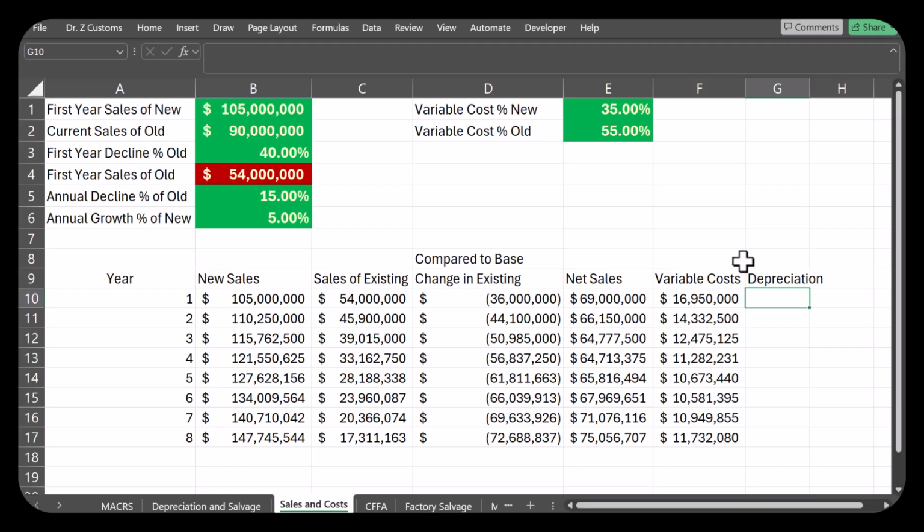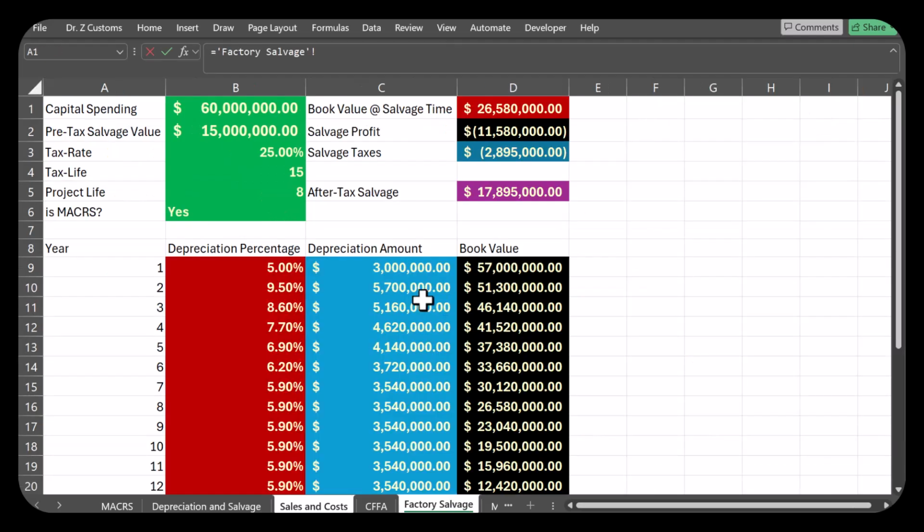Well, I have two sources of depreciation. One, the factory, the other is the machinery. But luckily, we already have calculated them while calculating the salvage values. All we have to do is grab them. Factory salvage, the depreciation amount, plus machine salvage depreciation amount.